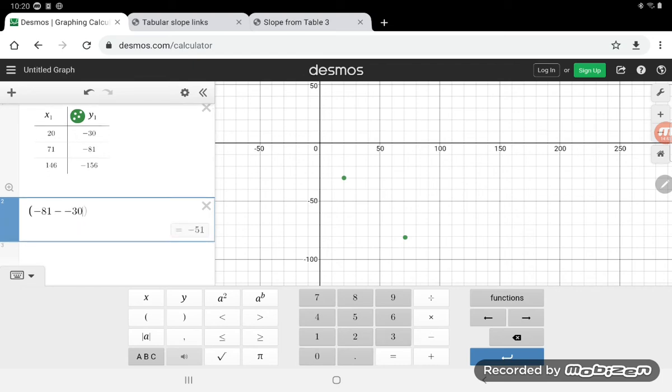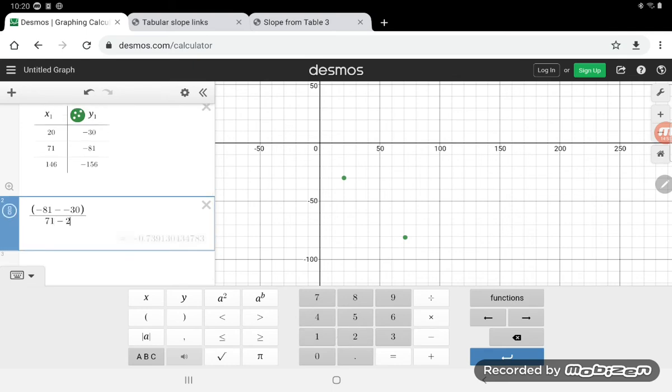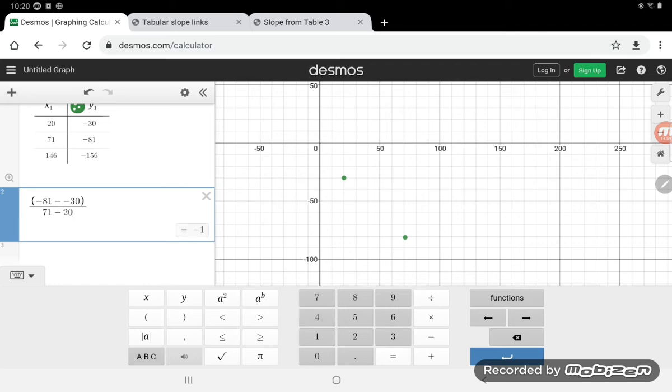Okay, so I have that, and close that parenthesis, and then I divide by 71 minus 20, and I get a slope of -1. Okay, so there is my slope of -1.